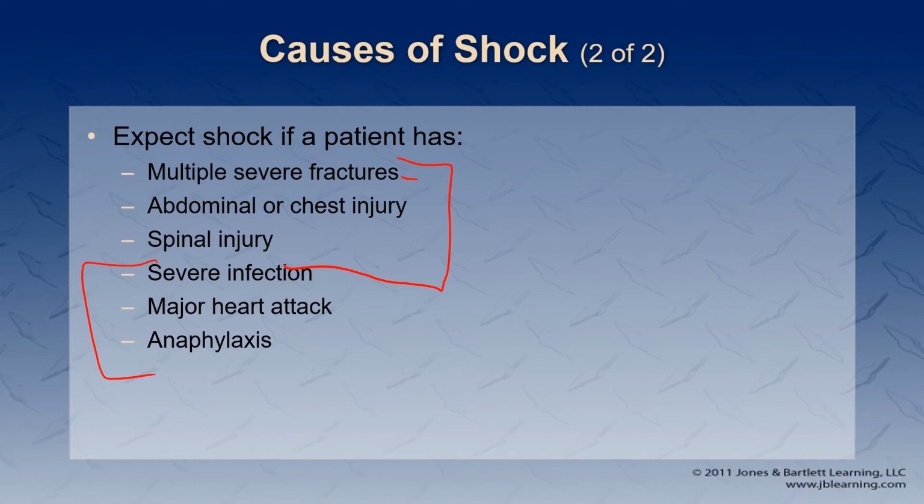Major heart attack, right? That's going to knock your pump out. So if you get that patient who's got the crushing 10 out of 10 chest pain, feel like they can't catch their breath, elephant sitting on their chest, just because their pressure's up when you find them does not mean it is going to stay that way.